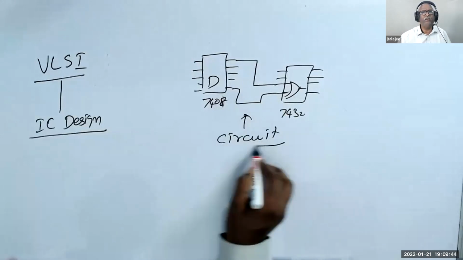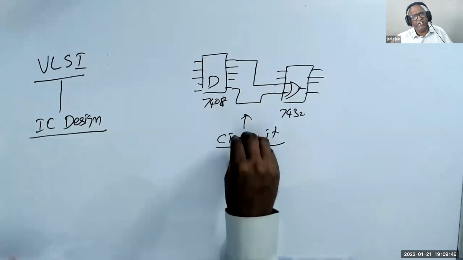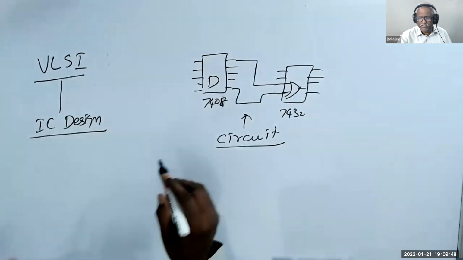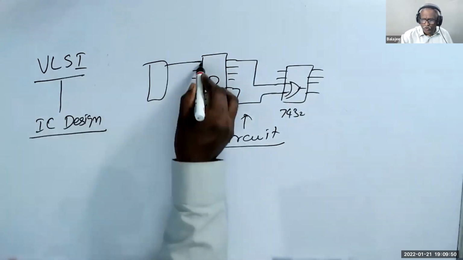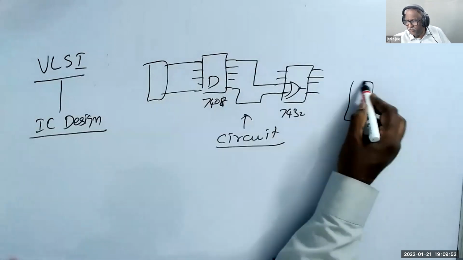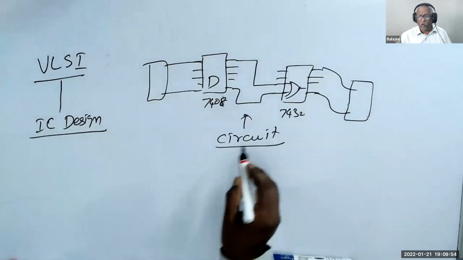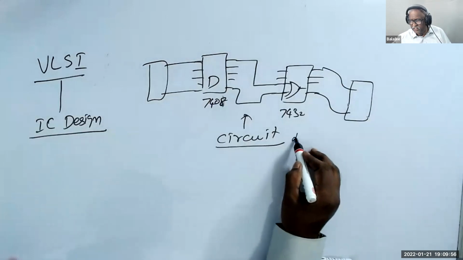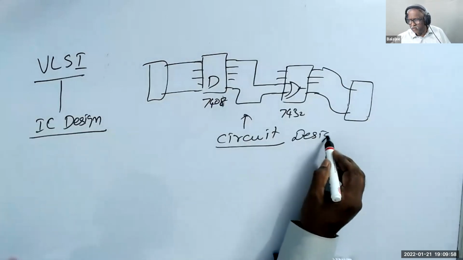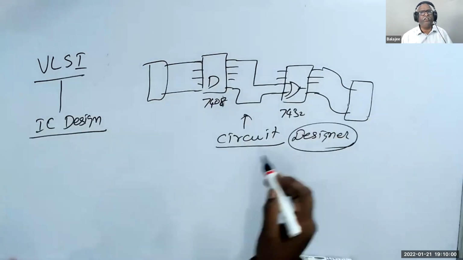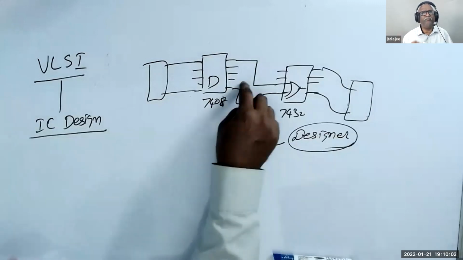That we call a circuit. So we call the engineer who draws the circuit, with a connector from here going here, another connector going there, a circuit designer. What is it? Circuit designer.